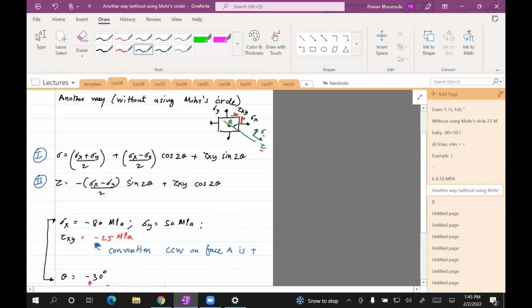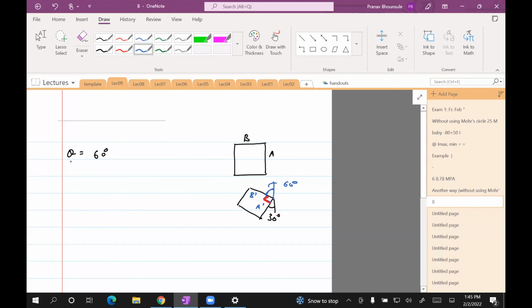So I need to put essentially theta equals 60 degrees, and then I should get the answers for face B. Substitute theta equals 60 degrees in 1 and 2, and then if you do that, you will get sigma equals minus 4.1.